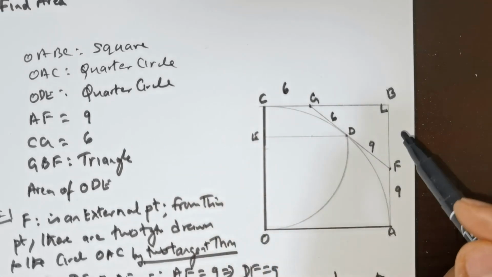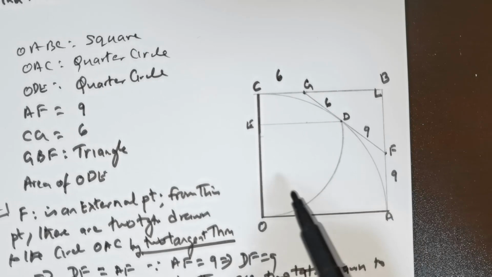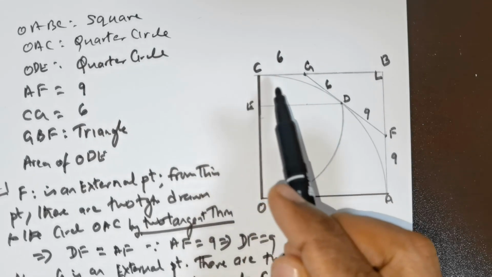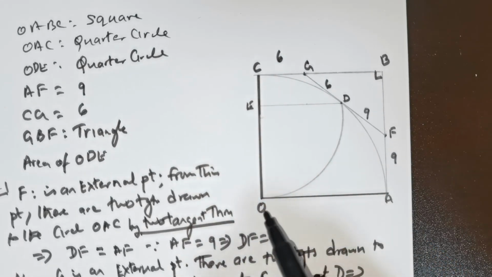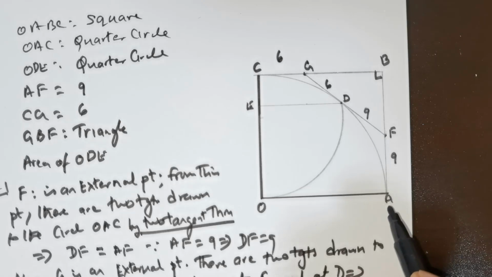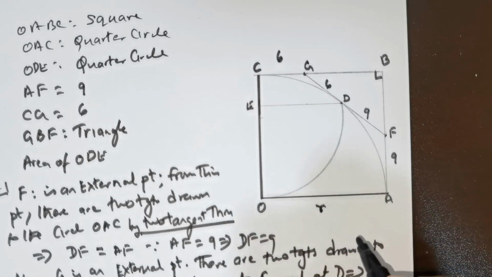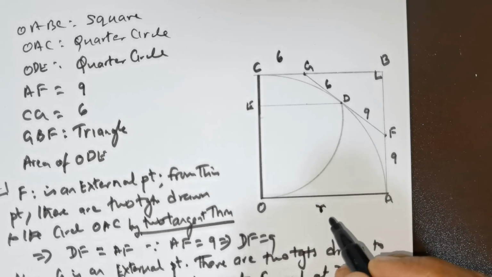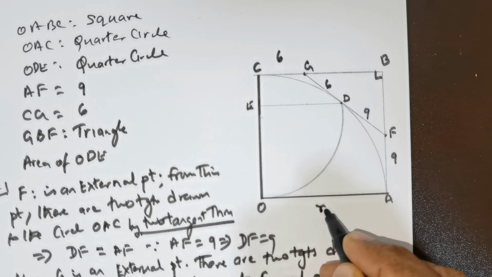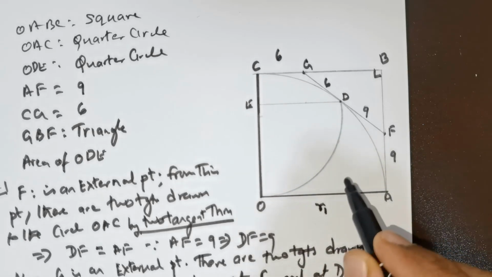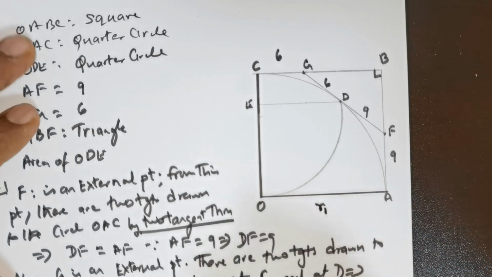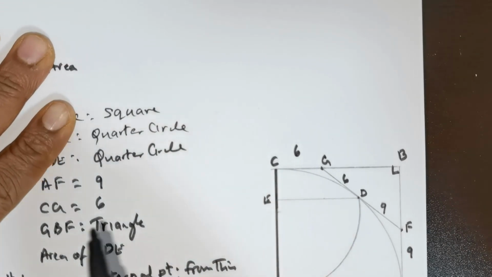Okay, now I would like to bring your attention to the quarter circle. Now OA is the radius. Let me take OA to be equal to R units. Now since there are two quarter circles involved, I'm going to take this as R1. Let me write that.